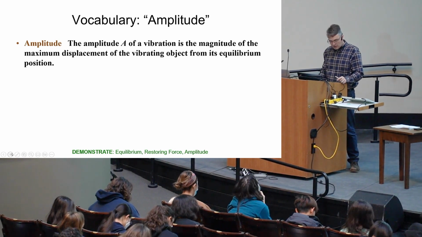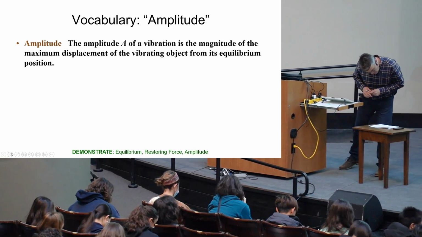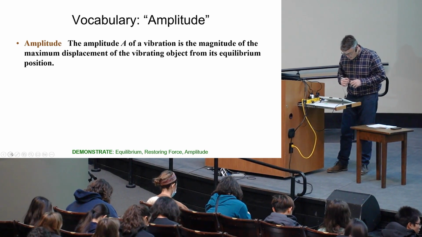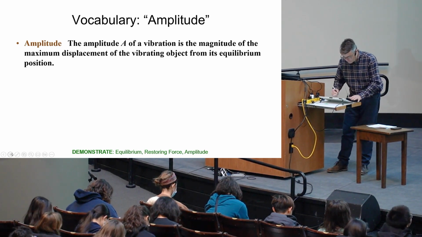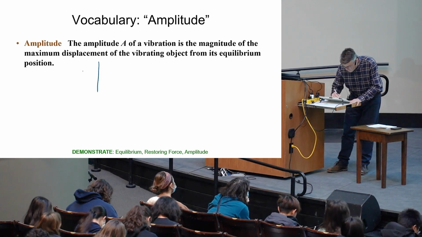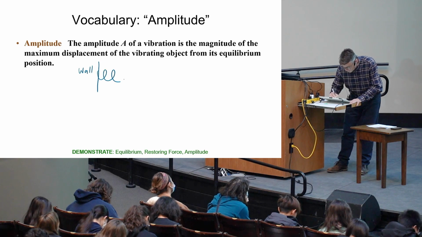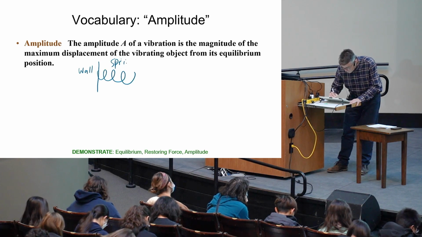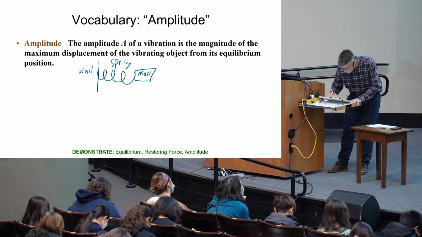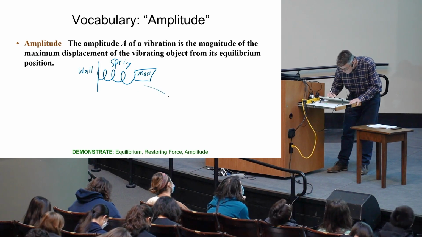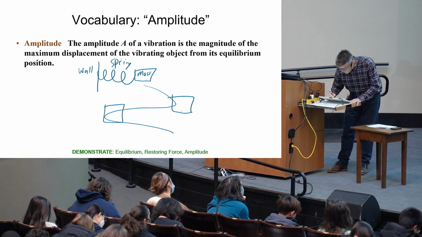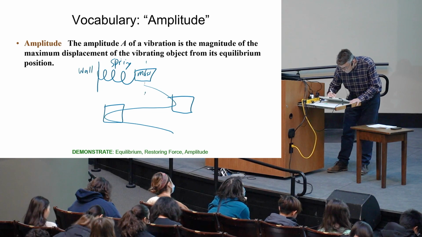And then amplitude, this is an important vocab thing, is the maximum displacement of the vibrating object from its equilibrium position. So for example, if you've got a wall and a spring, and you've got a mass, and it goes back and forth to this position and this position, then it's half that total distance.